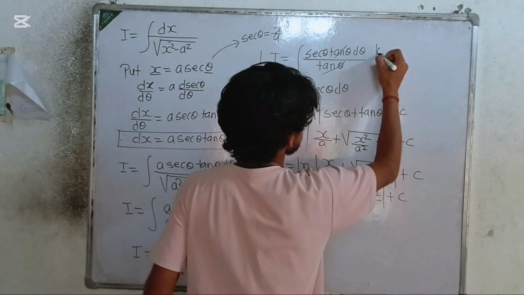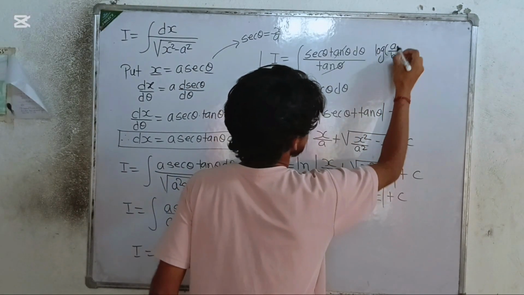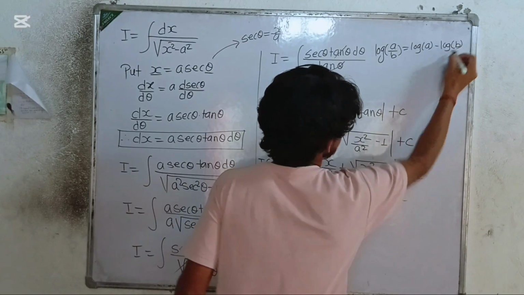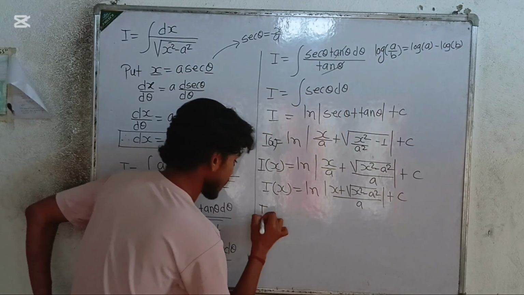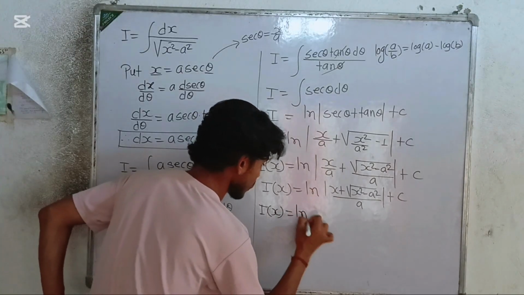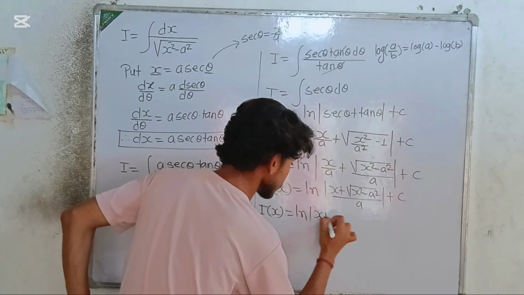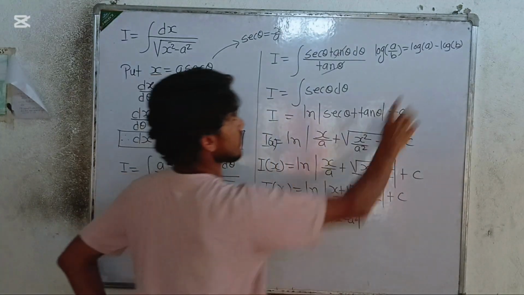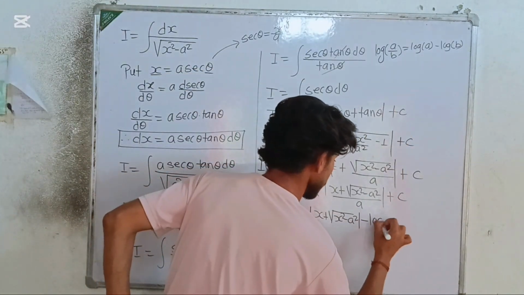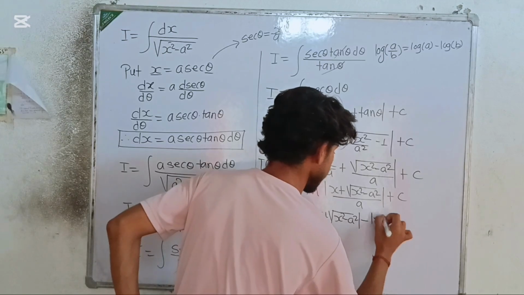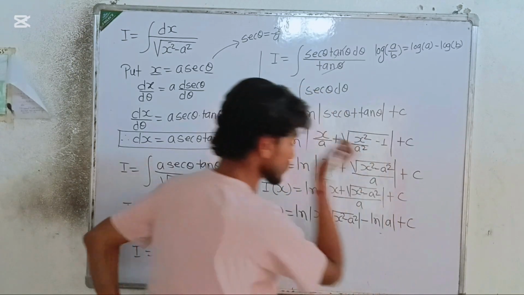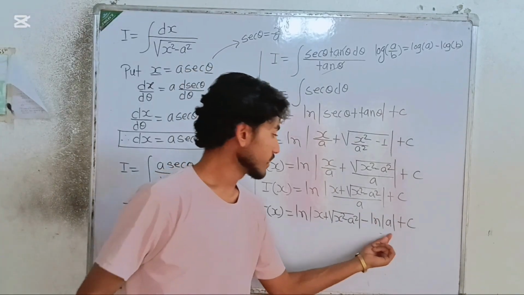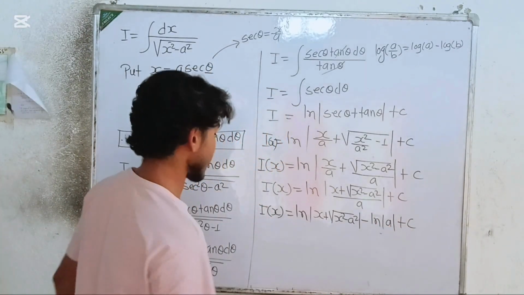We have to use a property, that is log of a over b is log a minus log b. So we get I is log of x plus the square root of x squared minus a squared, minus log a, plus some constant c. Here a is a constant, and if you add a constant to a constant, you end up getting another constant.